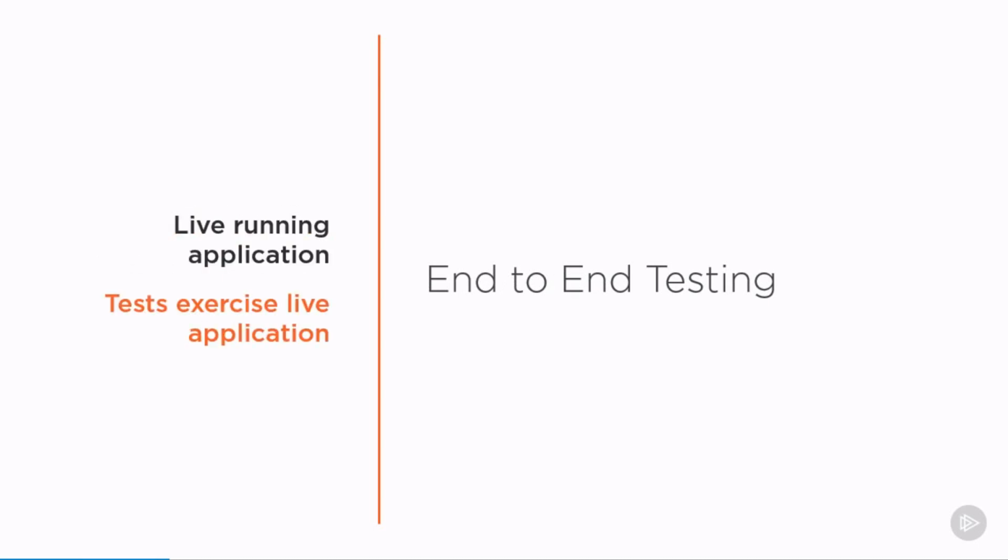First, we have end-to-end testing. End-to-end testing is the kind of testing that is done against a live running application. This means the full application with a live database, live server, live front end. Then we write tests that exercise that live application. This is generally done through automating the browser.